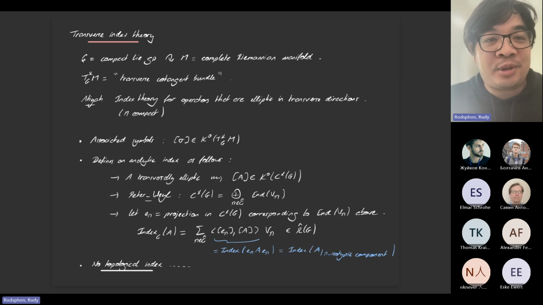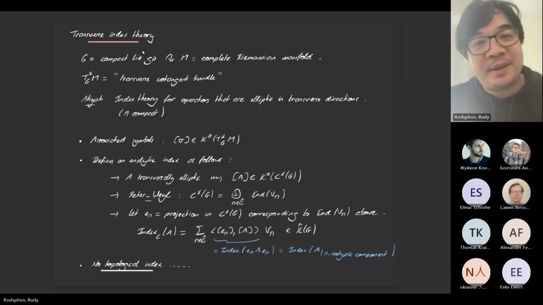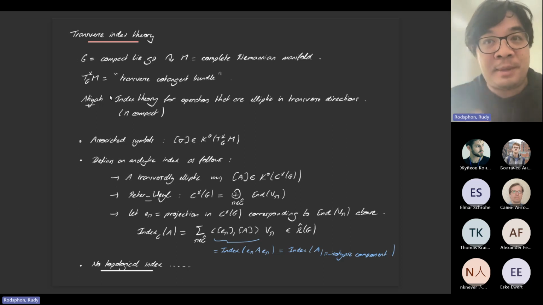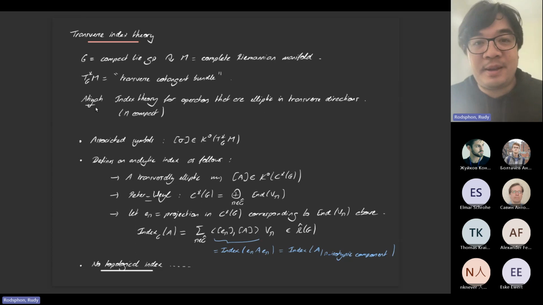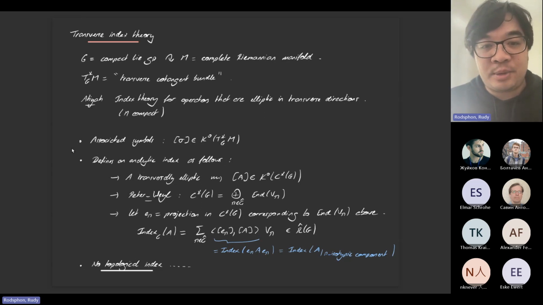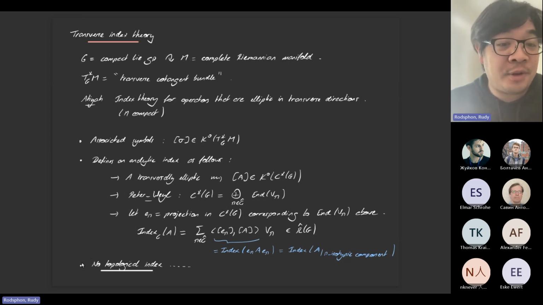So here I have some action of a compact group, and from there you just consider ellipticity that's transverse to the orbits of the group action. So you just consider ellipticity this way, and Atiyah had said that you can define an analytic index with that, but he didn't have a topological index. So that's the point.